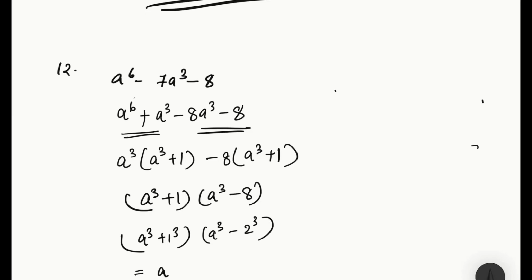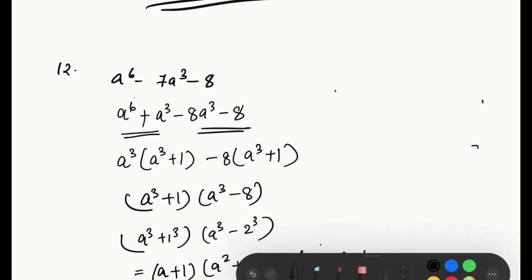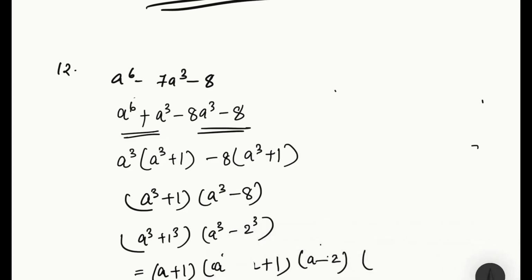I can write this as a plus 1 into a square minus a plus 1, and this can be written as a minus 2 into a square plus 2a plus 4. This will be our answer.